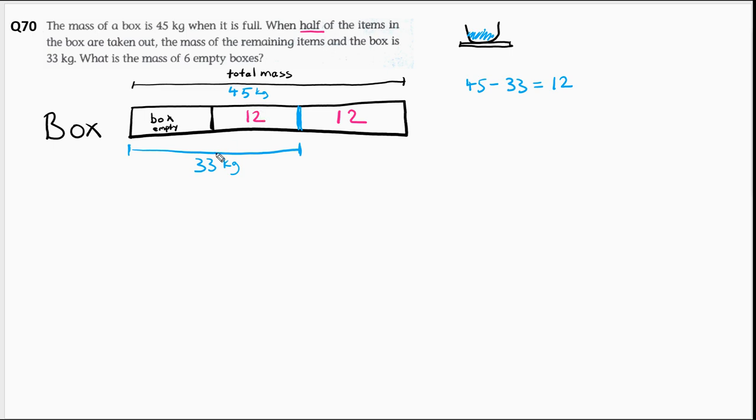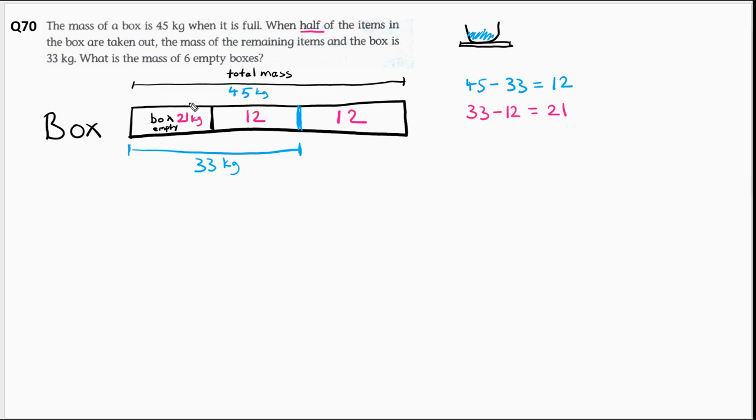If we take 12 from 33, we'll end up with the value for the empty box. So 33 minus 12 gives us 21. So we can put 21 in here, and that's 21 kilograms, which seems extraordinarily heavy for a box.